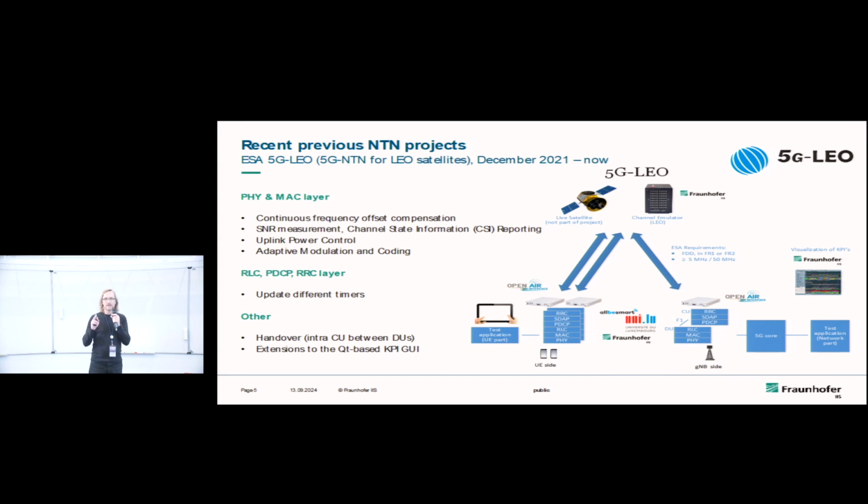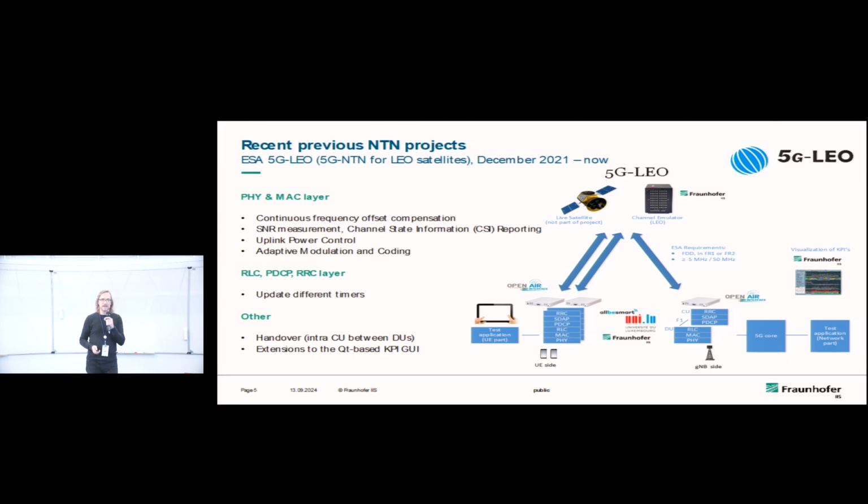Therefore, Albismart at that time implemented within this project the first version of this F1 handover, so basically between two DUs within one CU. We, again, did a few features on the physical and MAC layer. Again, some updates to the RLC PDCP RRC layer by University of Luxembourg. And as said, Albismart on the handover.